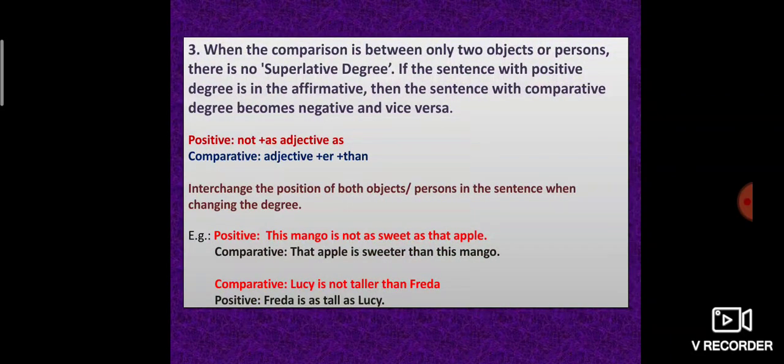When the comparison is between only two objects or persons, there is no superlative degree.